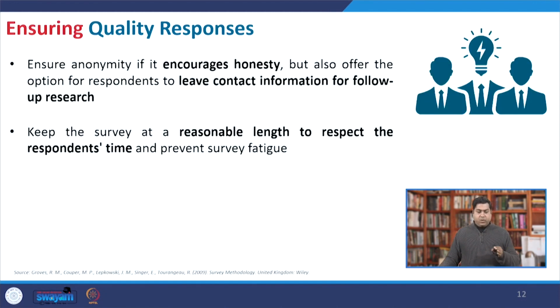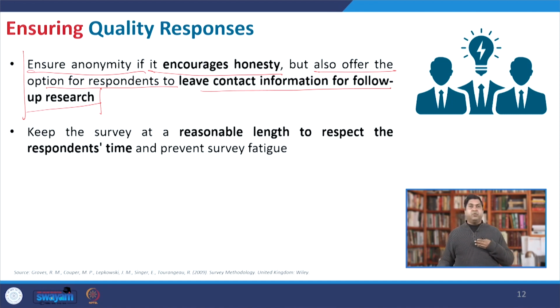Now, ensuring quality response is what you need to do. For that you have to ensure anonymity, encourage honesty, but many times you should offer the respondent the option to leave contact information for follow-up research. This is very important for quality research.